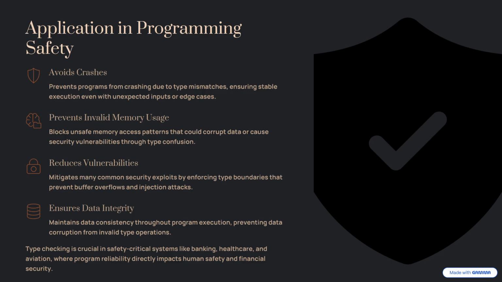Now let's quickly test your understanding. I'm going to give you three questions, like a quiz. You have to pause the video, answer them yourself, and check if you answered correctly. So here are the three questions. First, what is type checking?